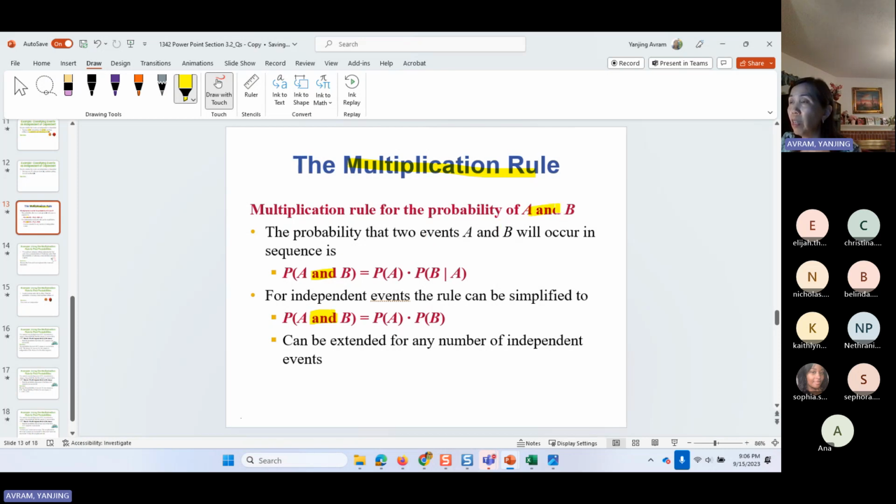The probability of A and B is the probability of A times the probability of B given A, if it's dependent. If it's independent, the probability of A and B is just the probability of A times the probability of B.